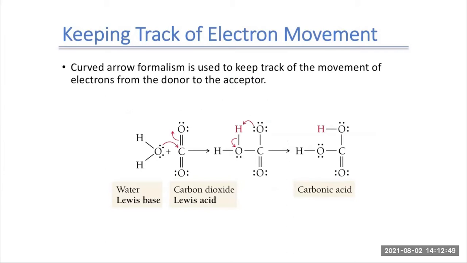And so if we have water as our Lewis base, I'll have the lone pair there, and then I'll show it attacking the carbon of carbon dioxide. Well, we know carbon can only have 4 bonds ever. So one of the bonds between the carbon and an oxygen, and it didn't matter which oxygen I chose, is going to move electrons up to the oxygen. So now you can see this oxygen has 3 lone pairs around it, where over here it only has 2. So that's keeping track of the electron movement where I created the bond here.